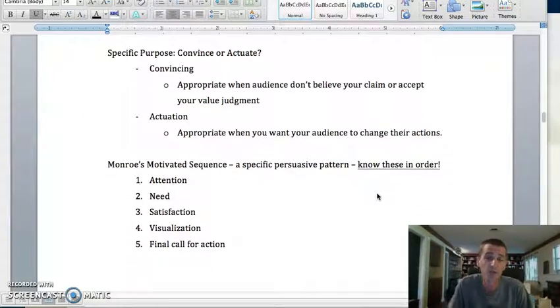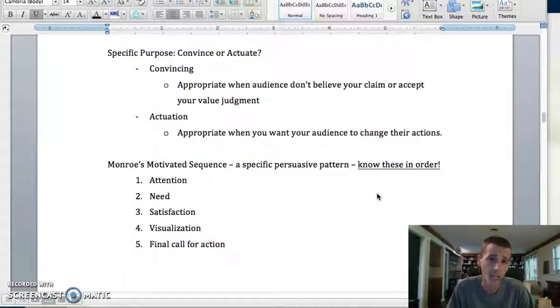Specific purpose of a persuasive speech: is the purpose to convince or to actuate? Well, it depends. A convincing purpose is appropriate when your audience doesn't believe your claim or accept your value judgment. All right. So a lot of times this deals with factual and value claims that you're making, and you're trying to convince the audience to change their mind.